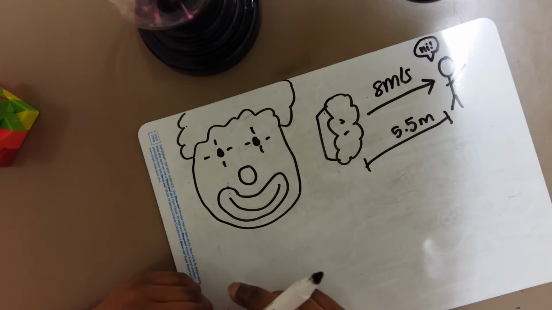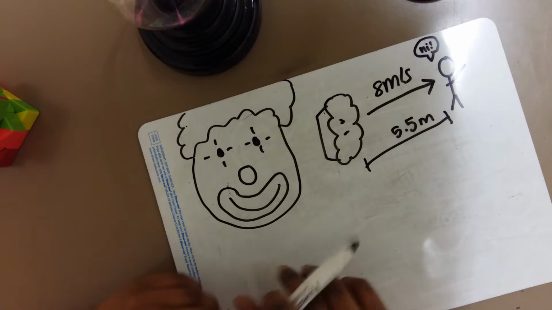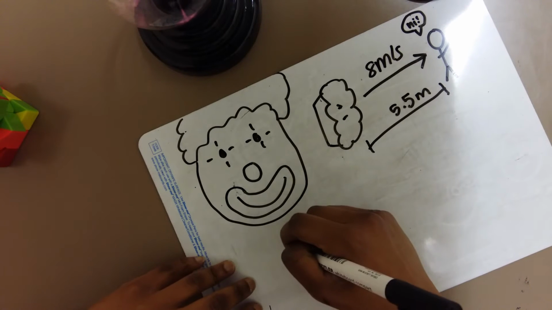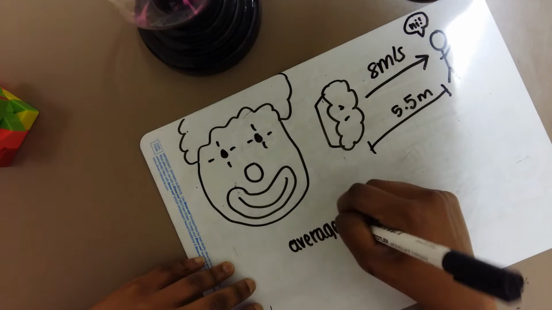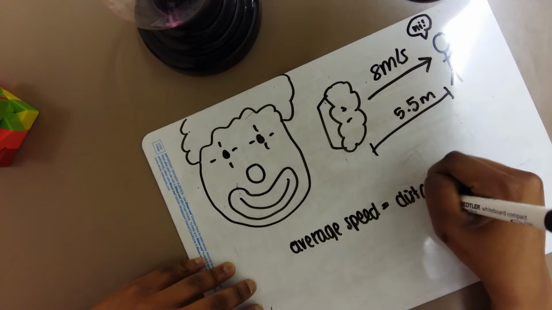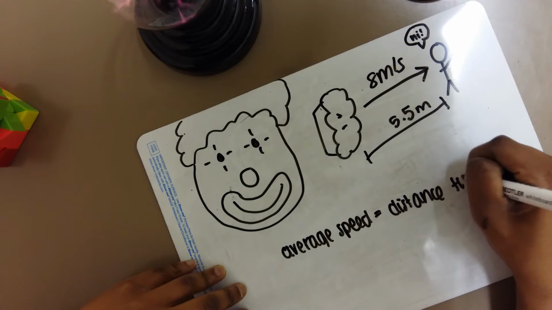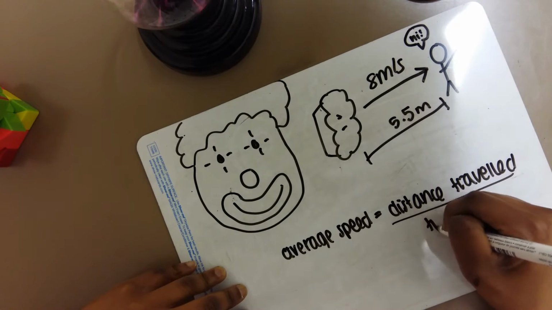Had a go? Great! Well, if you plug in the values we had into the equation, remember the equation is average speed equals distance traveled over time taken.